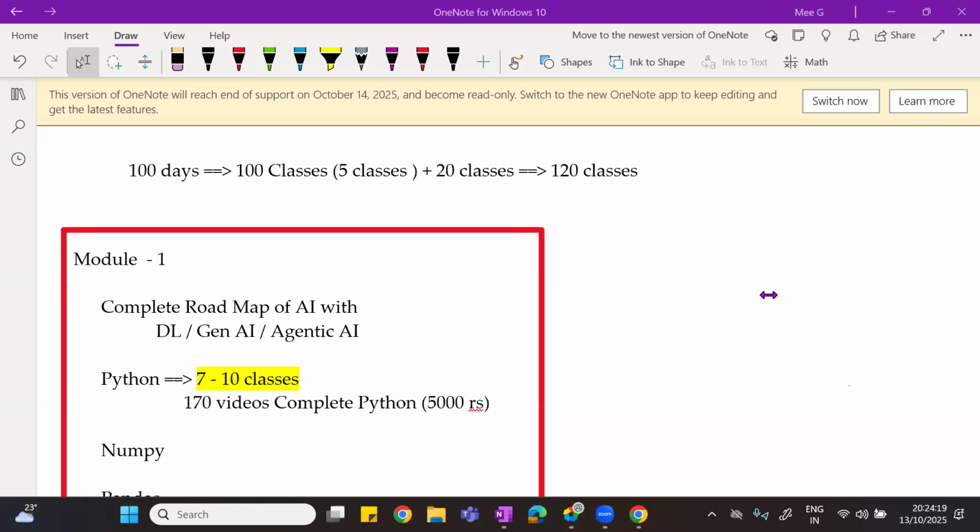As I told you, Mathi, it will be 120 days. Maybe 100 days is official. You can calculate 120 days, 120 classes. I usually don't think of the ending, because I'm more concerned about covering the concepts. That's why I kept 20 days extra.